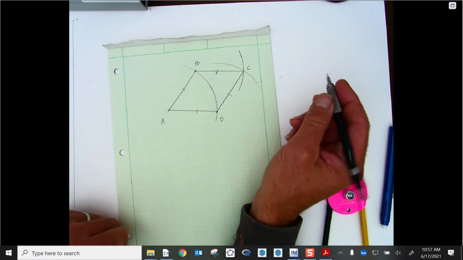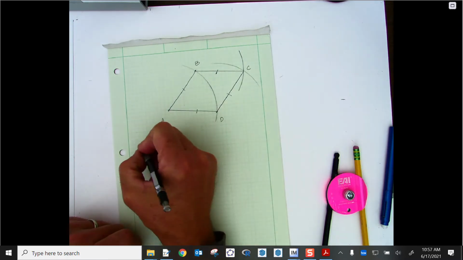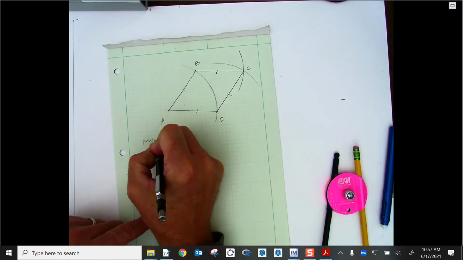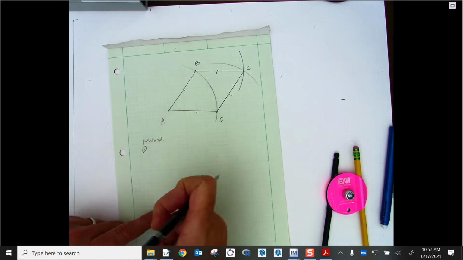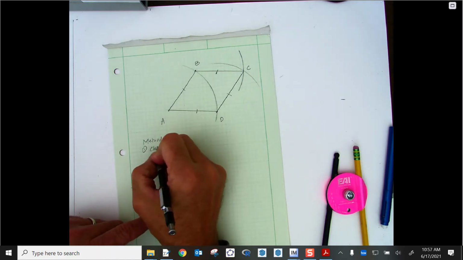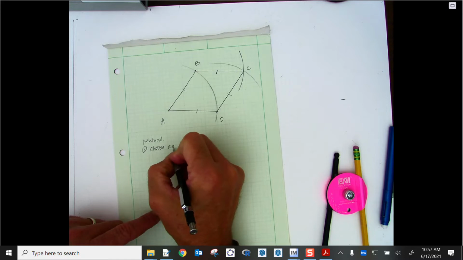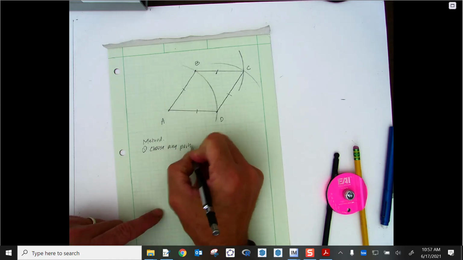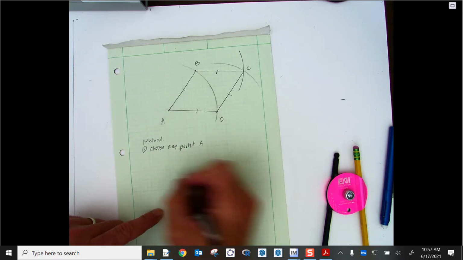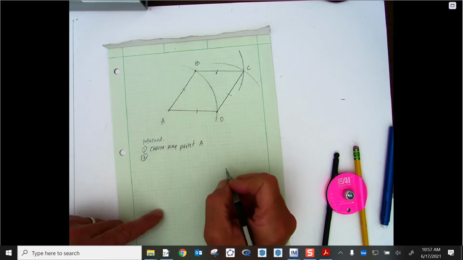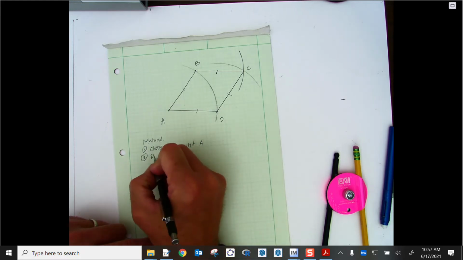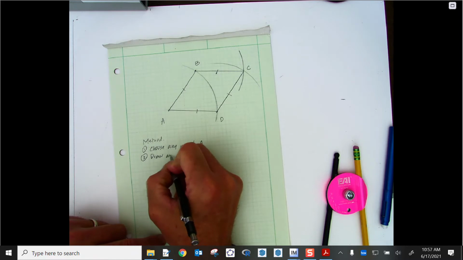So what did I do? So my method was, one, choose any point A. Two, I drew an arc. What are we going to call it?